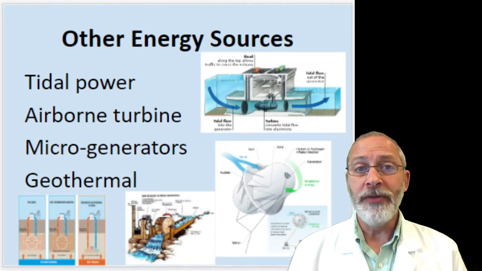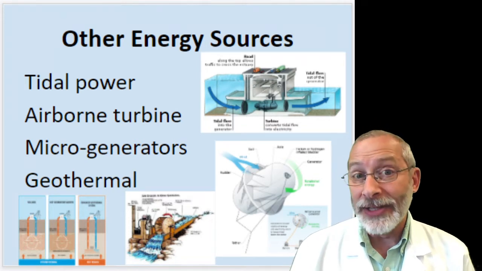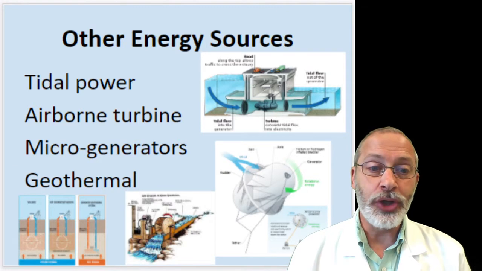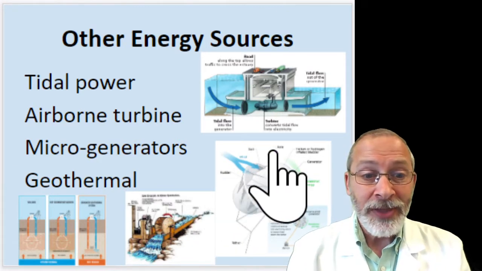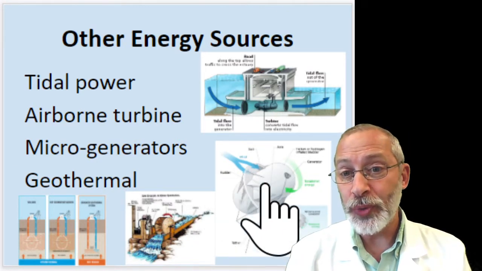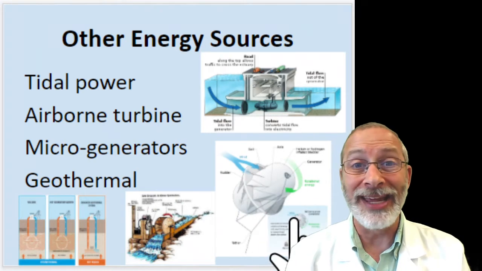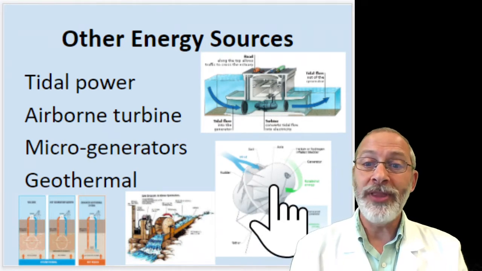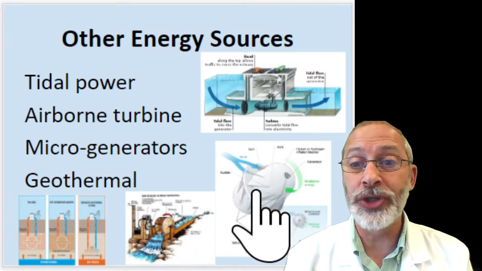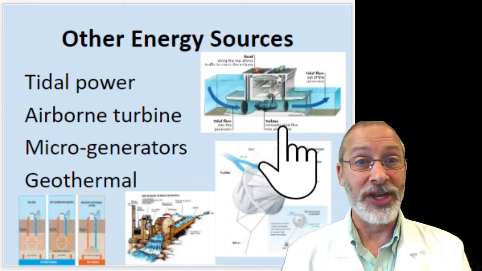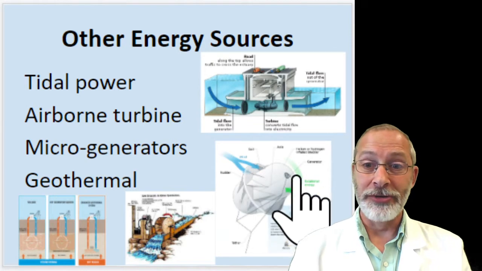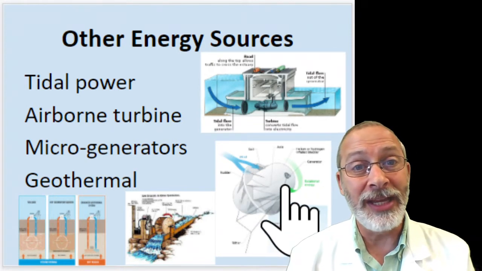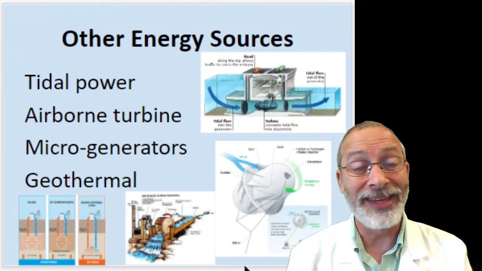There are a number of design ideas suggesting we could suspend these turbines, which would be like big rotating kites attached to cables, and bring them up into the stratosphere and let them turn all the time. And as they turn, there would be a generator installed on them, and the electricity would be channeled down the cable.